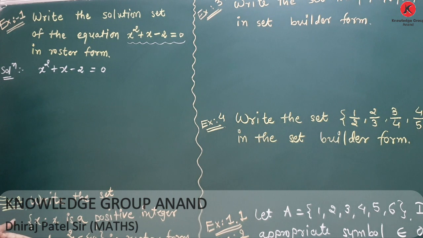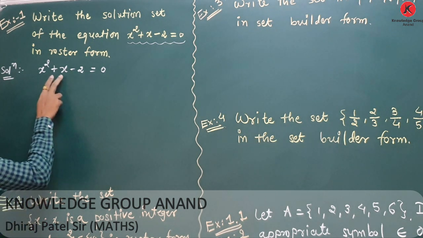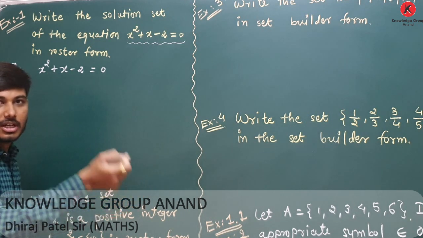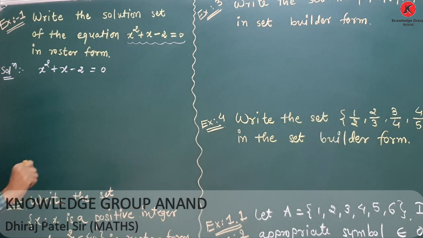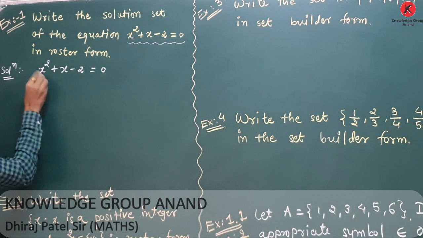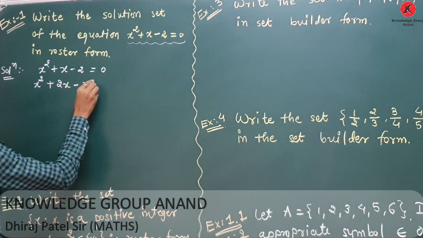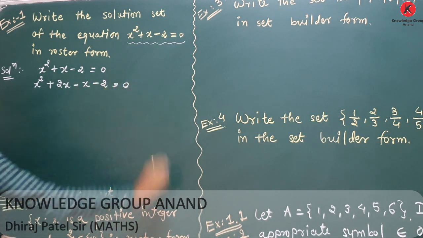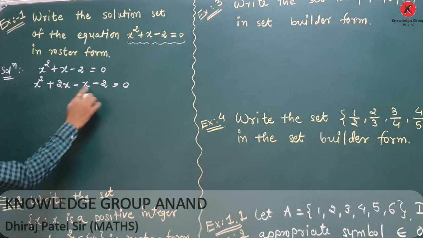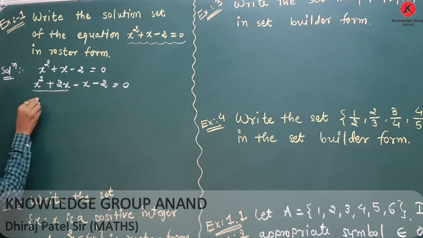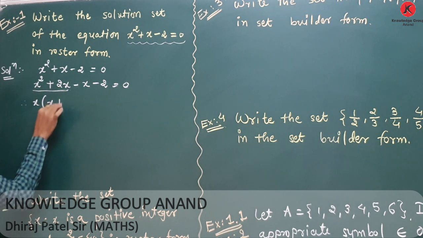Okay, see here, minus 2 is divided into plus 2 into minus 1, which equals minus 2, and the addition plus 2 minus 1 equals plus 1. Therefore, we get x square plus 2x minus x minus 2 equals 0, splitting the middle term. Now, take x common from the first two terms.